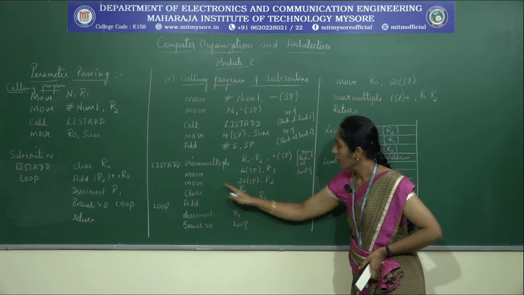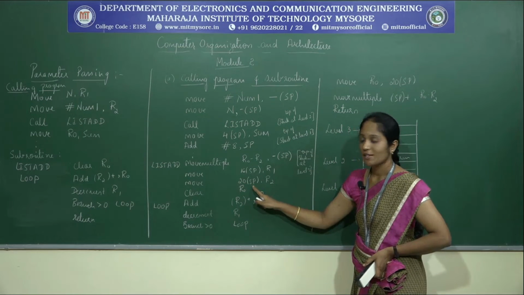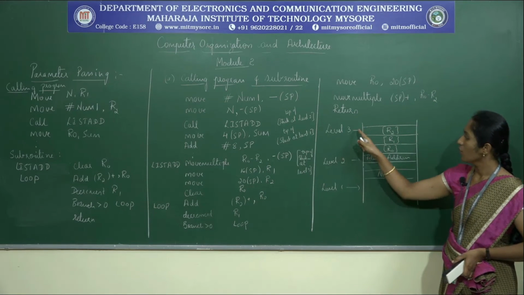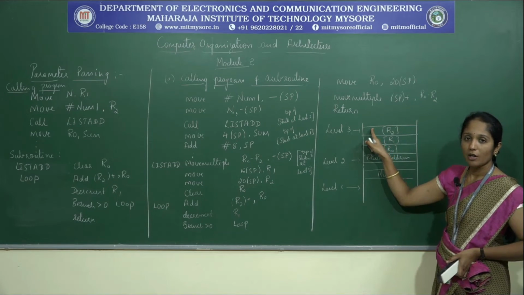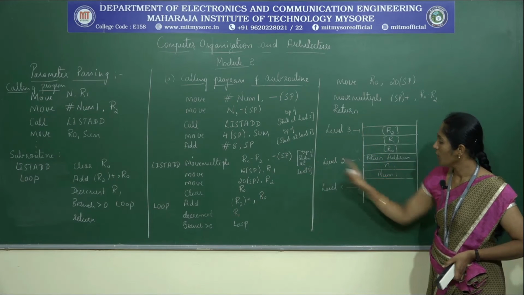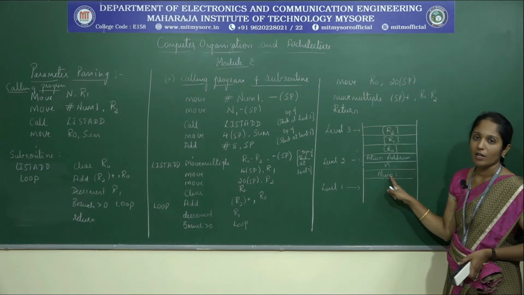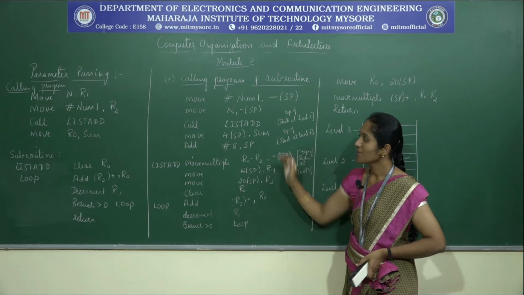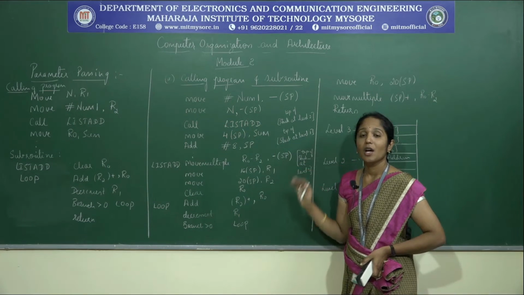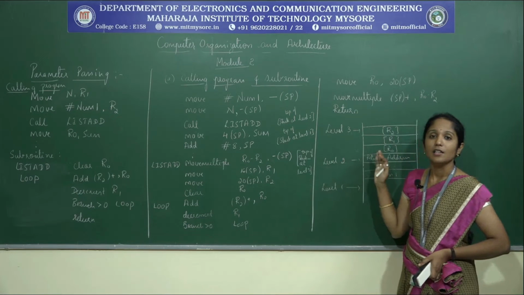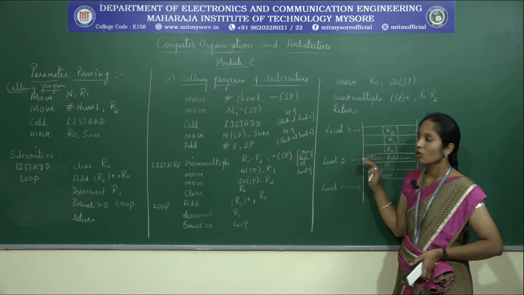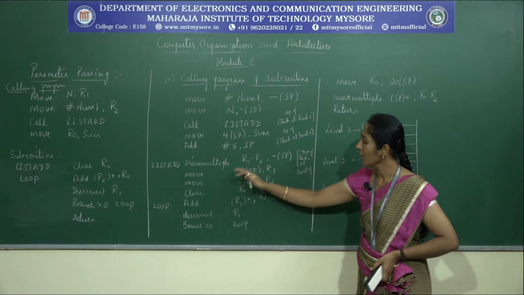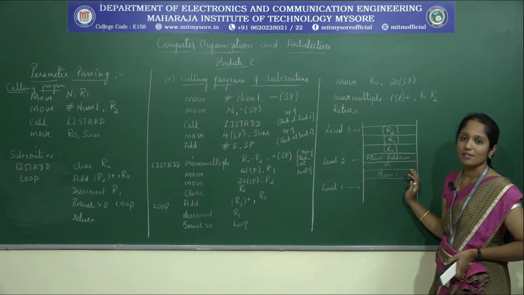Then move 20 of SP. An offset of 20 is being added, so the stack pointer is at this point, and if you add 20, it will point to num1. So num1 is moved into R2. This program is the same as the previous one, but since we have the involvement of stack, we are using the stored values in the stack.